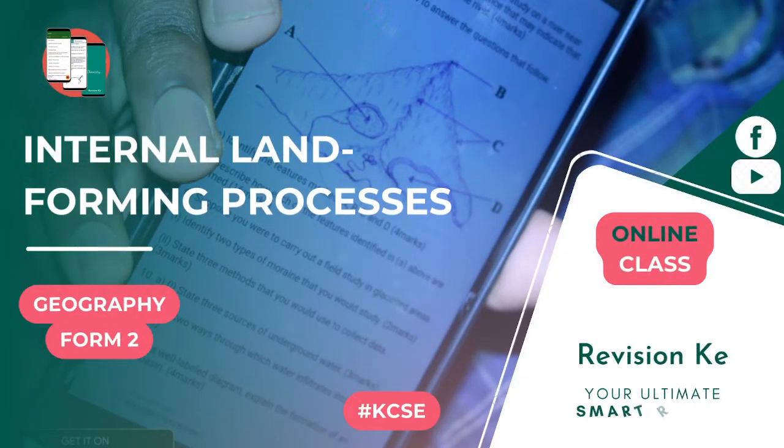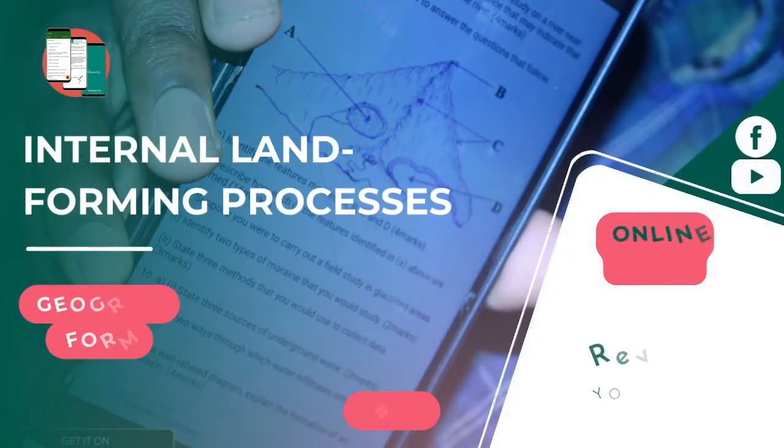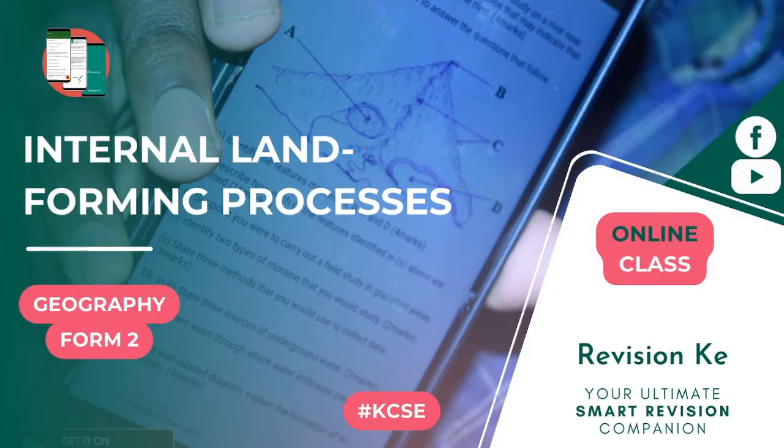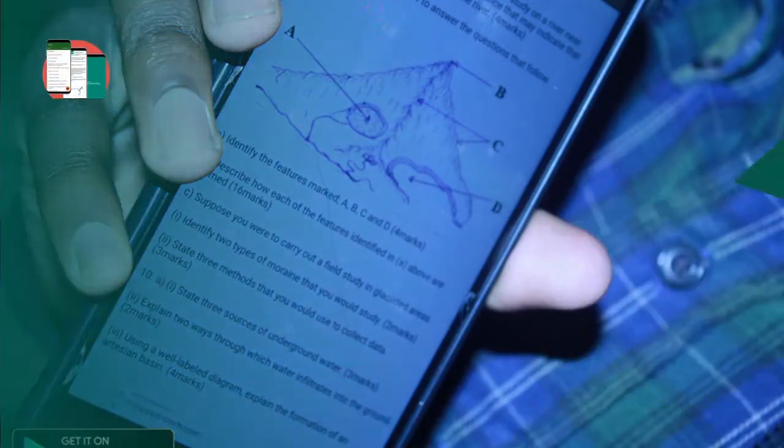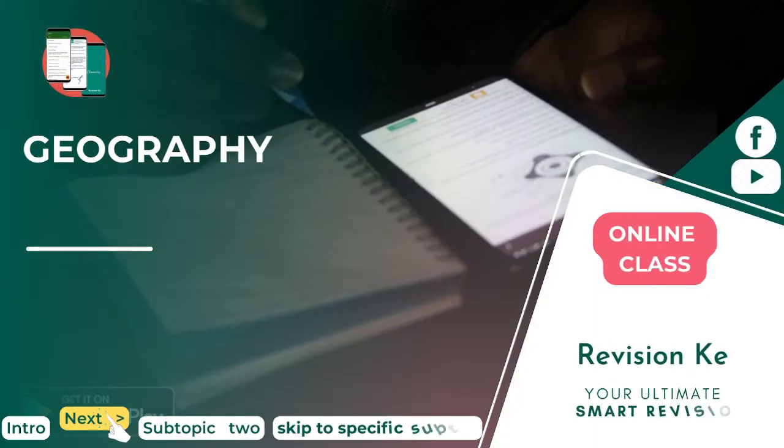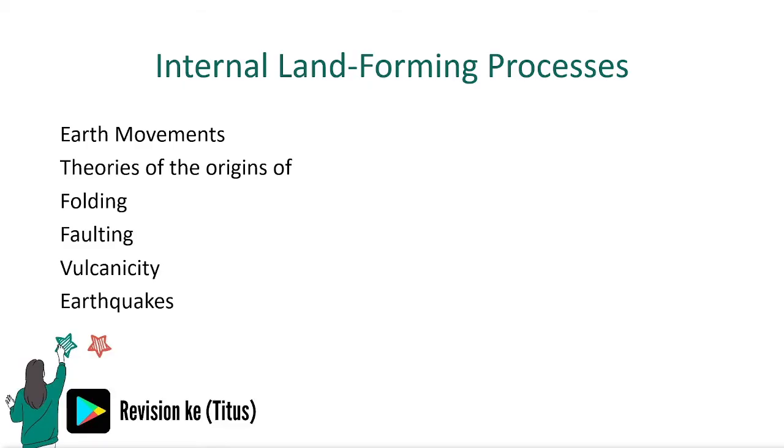So that's our topic today, and of course we have objectives, and let's go through them in a few. This topic is a very large topic which can be subdivided into such independent topics.